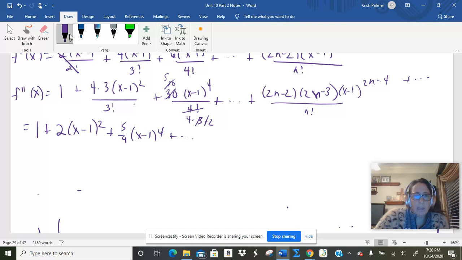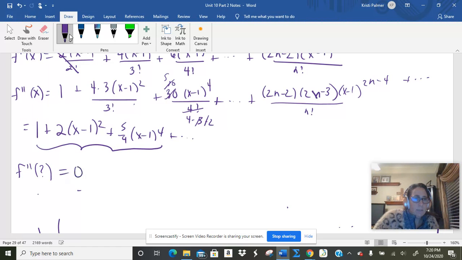Which we didn't have to, but we're looking at this and it says, as I am doing this, could I ever get this to be 0? Is there anything I could plug into f double prime of x to get 0? Can I ever have a point of inflection?